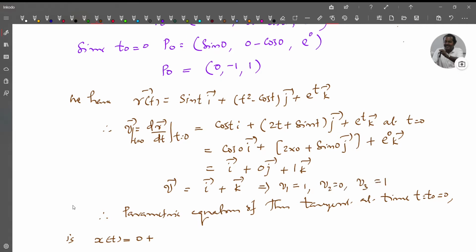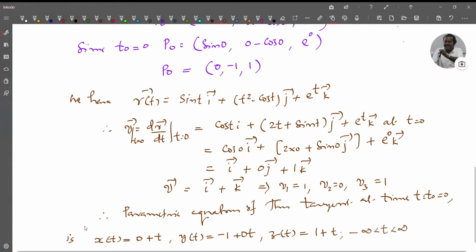So x of t is t, y of t equal to minus 1 plus 0 t, and z of t equal to 1 plus t, minus infinity less than t less than infinity. That is, x of t equal to t, y of t is minus 1 and z of t is 1 plus t.